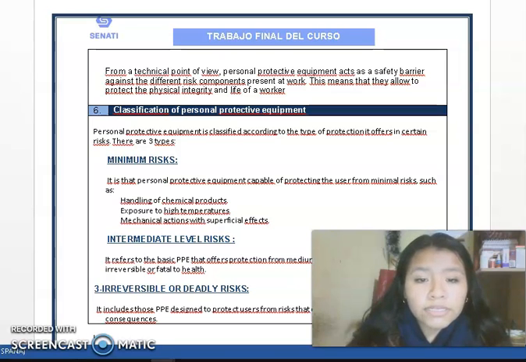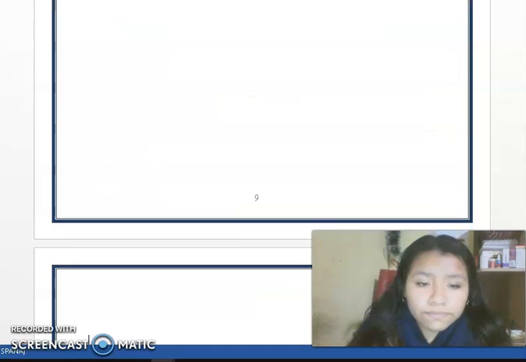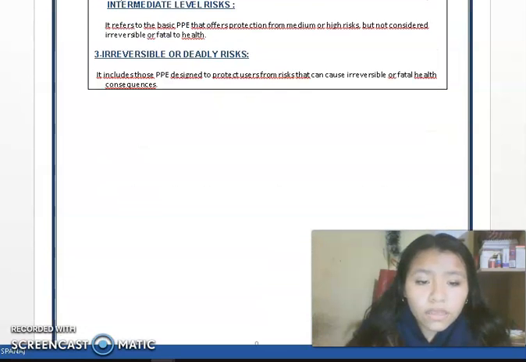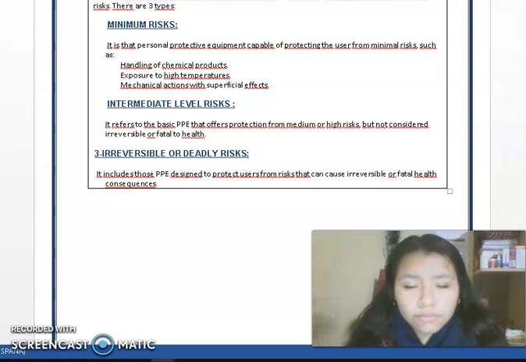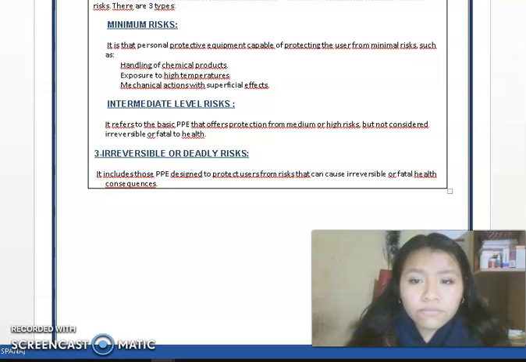Minimum risk: personal protective equipment capable of protecting the user from minimum risks. An intermediate level risk, which refers to basic risks. And number 3, irreversible or mortal risk. It includes those PPE designed to protect us from risks that can cause irreversible or fatal health consequences.